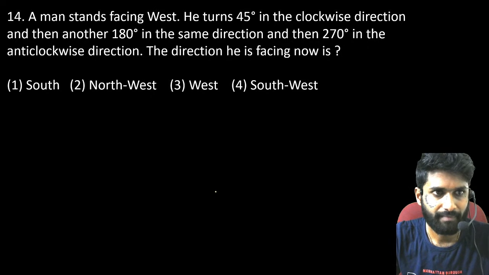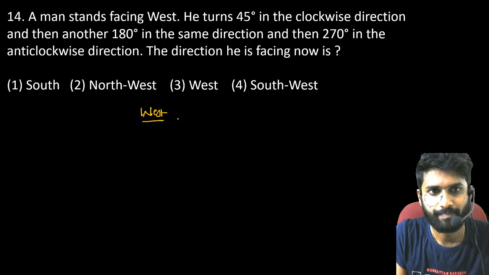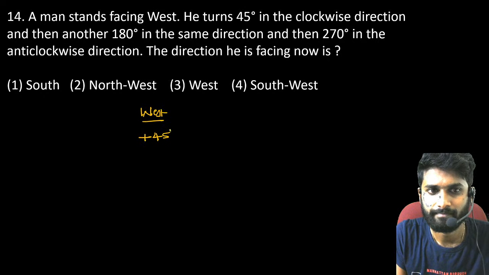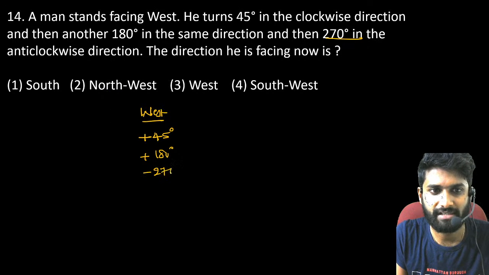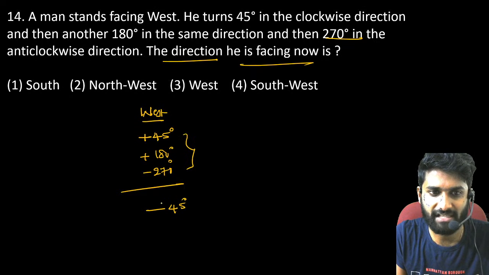Yes, very good. Next, a man is standing facing west. Now he turns 45 degrees clockwise, another 180 degrees in the same direction, plus 180 degrees, and 270 degrees anti-clockwise. Now, which direction is he facing? If you go with the entire resultant, you are left with minus 45 degrees.